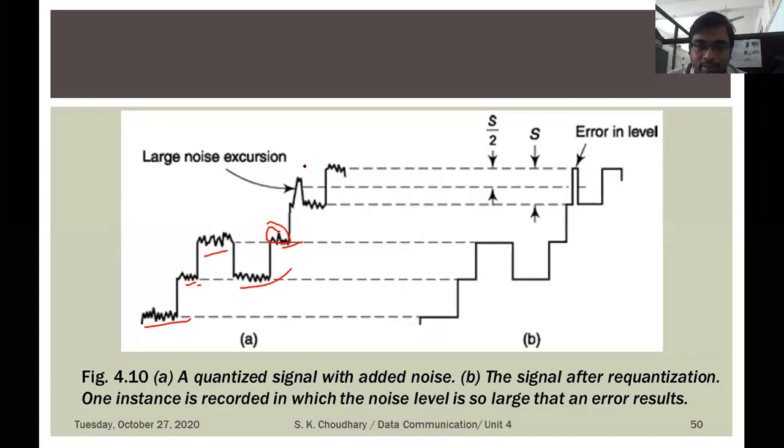But in one case here, the noise is greater in amplitude than S/2. This is the S/2 level, and it is greater than S/2. Then what happens? You can see here that when we reach the recovered signal, an error in the level is generated because the noise level is more than S/2.